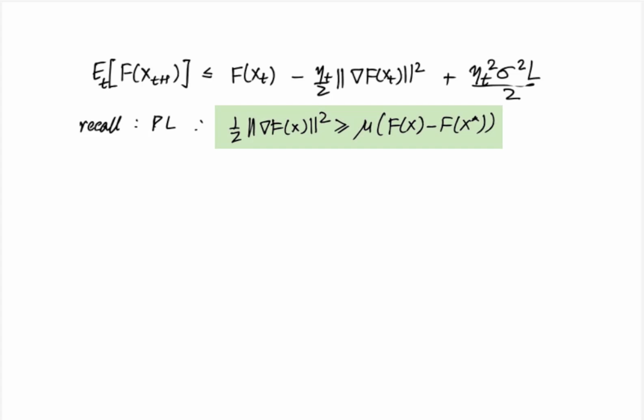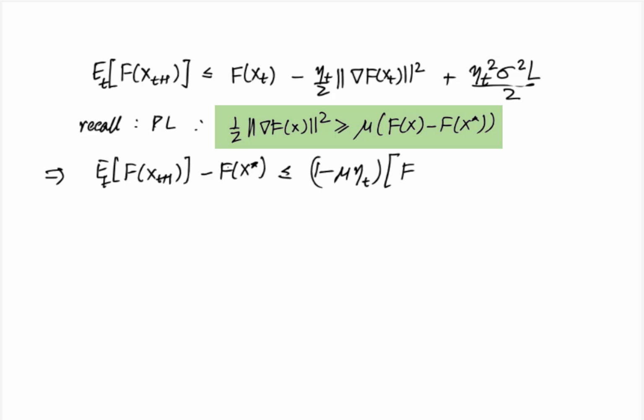So using this bound on the second term and subtracting f of x star on both sides, you can see that we get expected value of f of xt plus 1 minus f of x star less than or equal to 1 minus mu times eta t times f of xt minus f of x star plus eta t square sigma square L by 2.